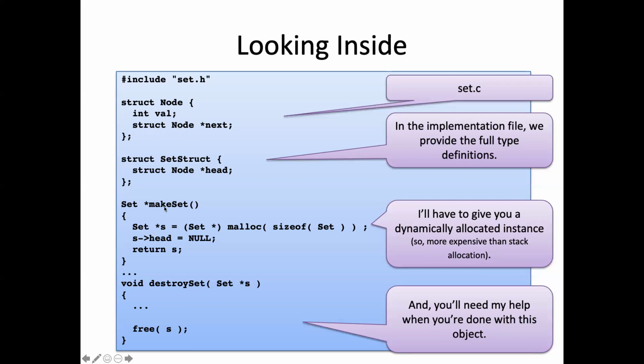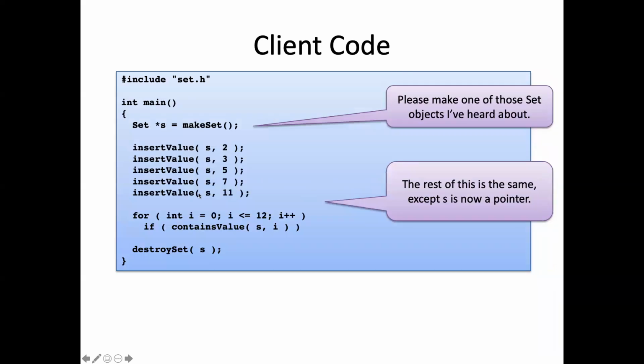Now, if you call make set, well, you couldn't pass me a set because you couldn't have made one yourself, but I can malloc space for a set, initialize its fields and give you back a pointer to that. I have to be smart enough when you ask me to destroy a set. Well, since I allocated space for it, I better free that space when you destroy it. So here the implementation knows what these types are, but client code doesn't have to.